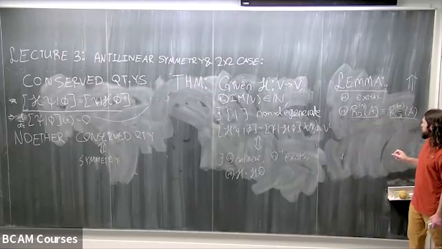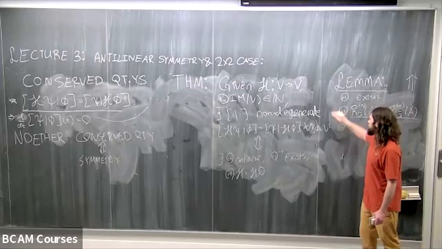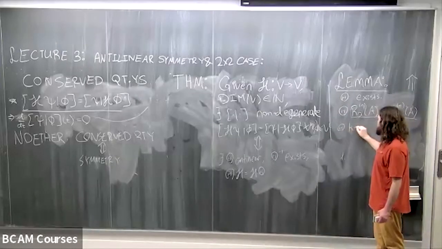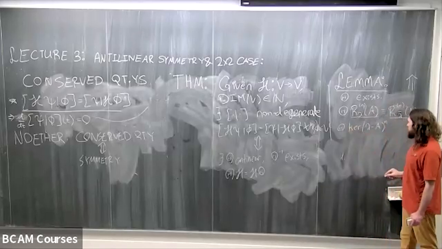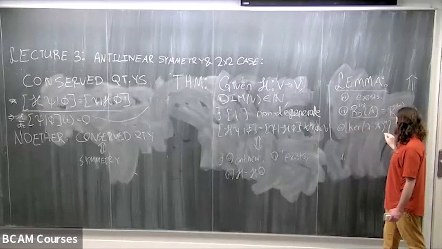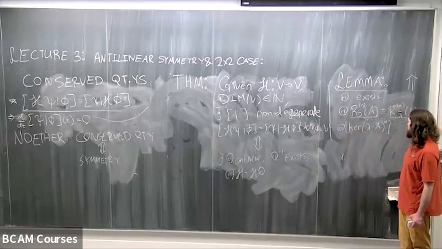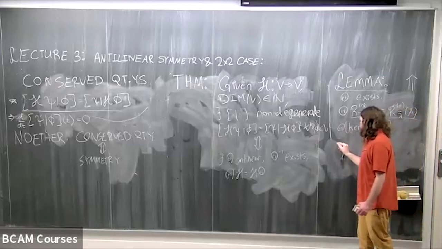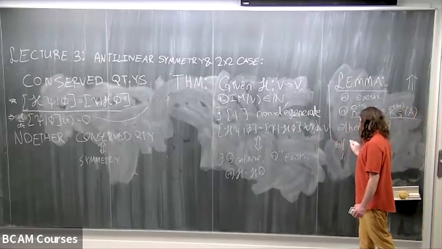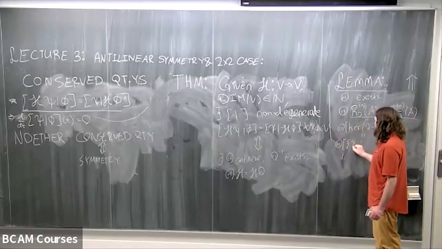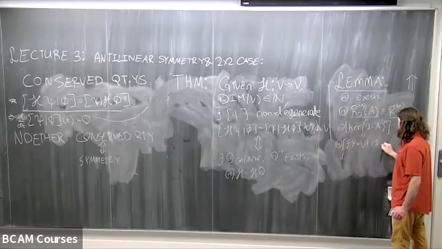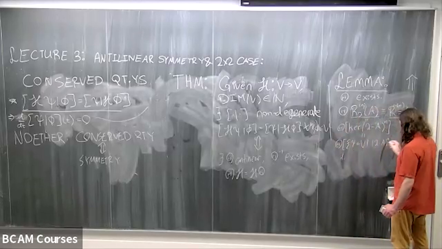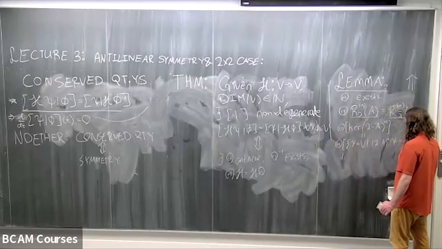So to establish this, I'll just explicitly write down the definition of this root subspace. Or in set theoretic notation, this is the set of psi in v such that (H minus lambda) to the power of n psi equals 0.